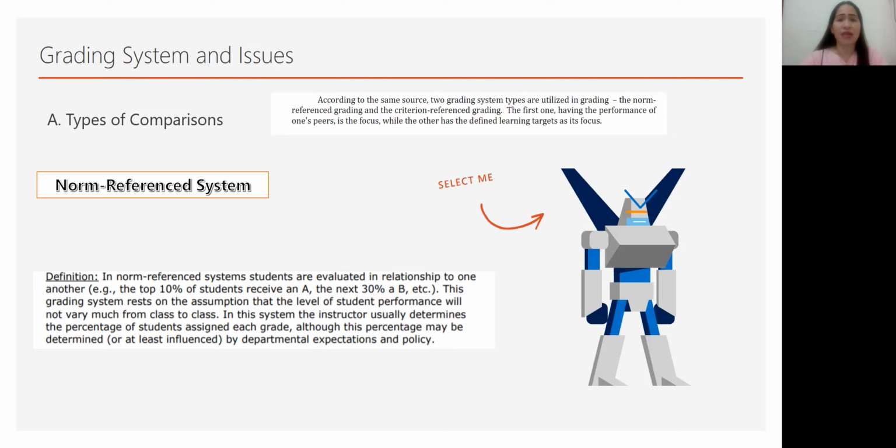This grading system rests on the assumption that the level of student performance will not vary much from class to class. In this system, the instructor usually determines the percentage of students assigned each grade, although the percentage may be determined or at least influenced by departmental expectation and policy.